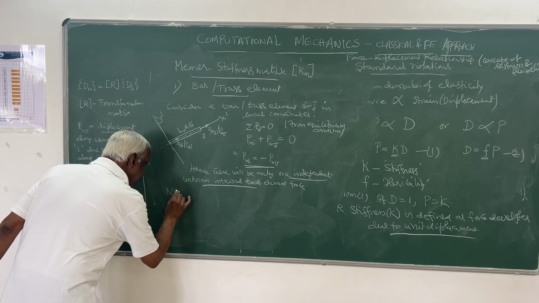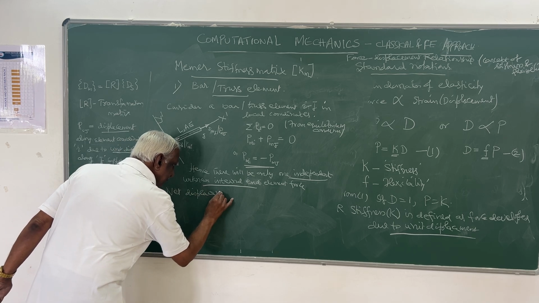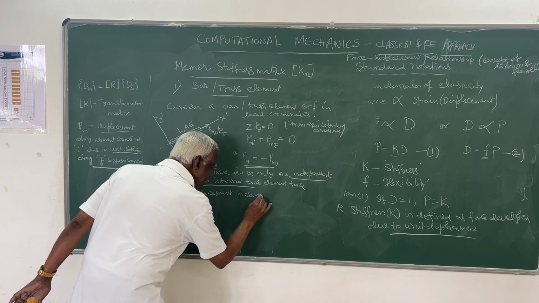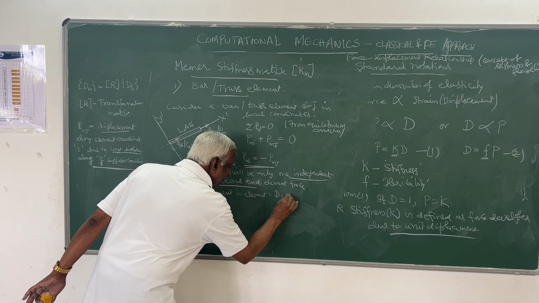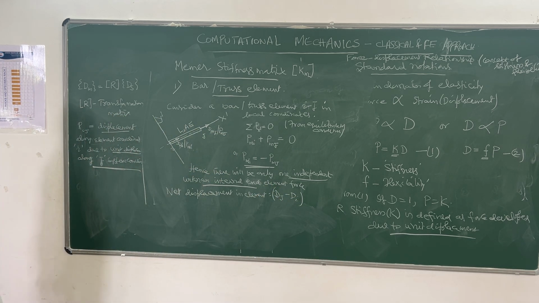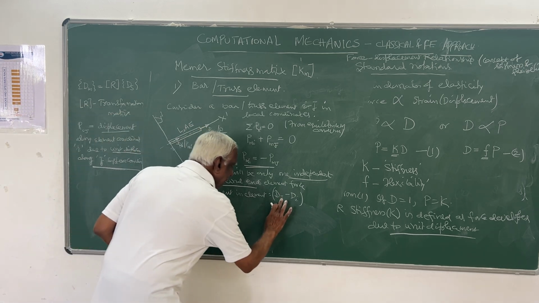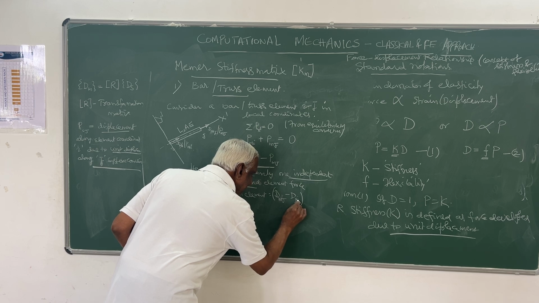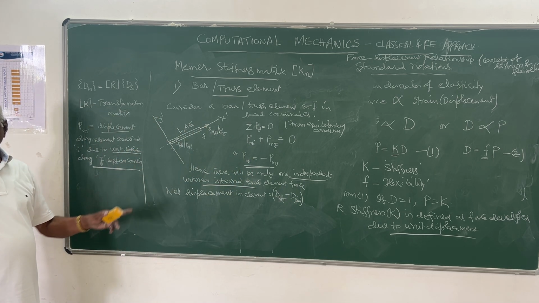Now the net displacement in the element is equal to DMJ minus DMI.